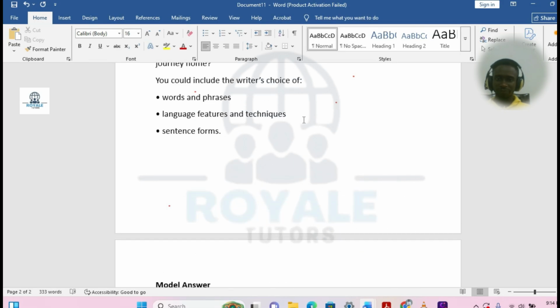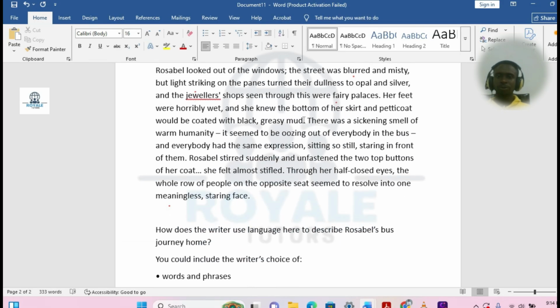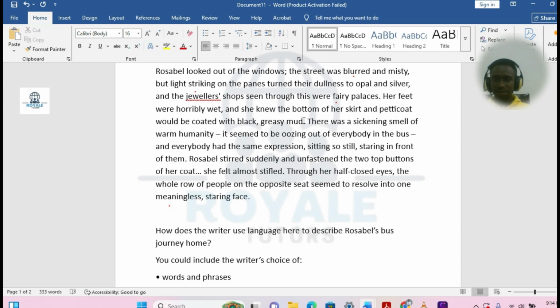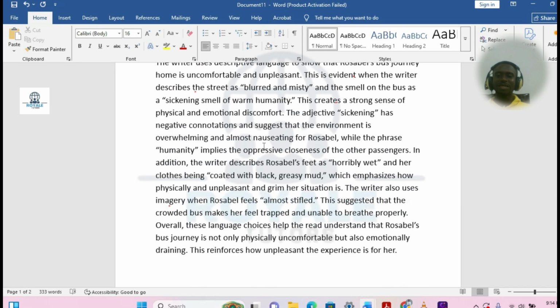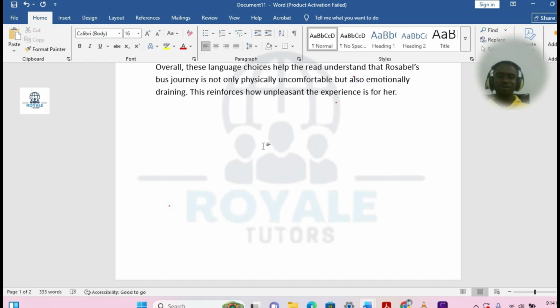Talk about which other way the writer used to describe Rosabel's bus journey home. Which other language? And what did this language achieve? I can see one other thing here, but you're going to try it all by yourself. Do it and let me know what your response is.